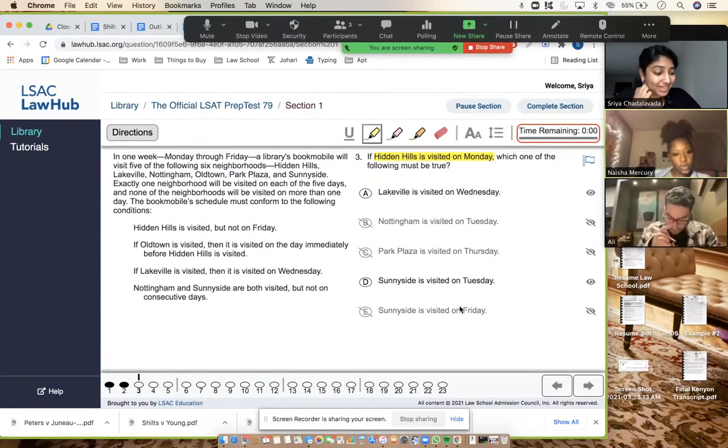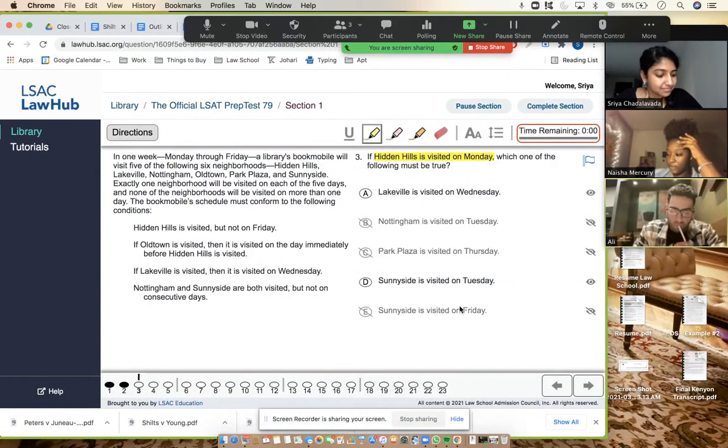Yep, exactly. And put L on Wednesday because I'm doing that example. Then next I would do N or S have to go in Tuesday, and then Wednesday or Friday.